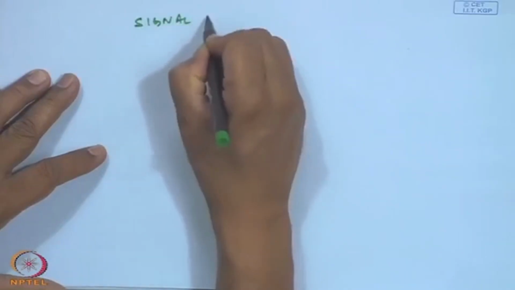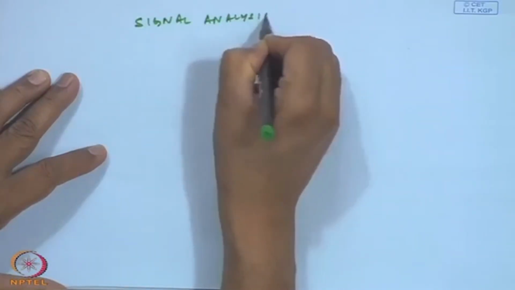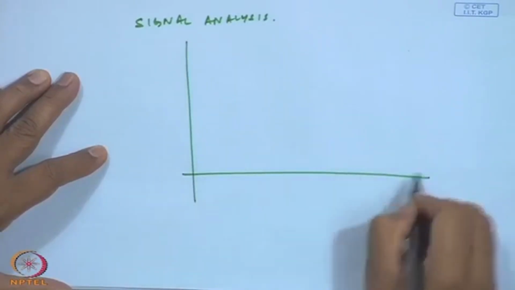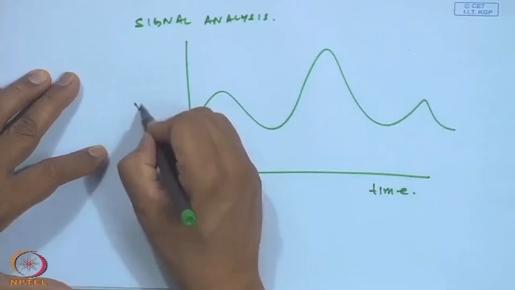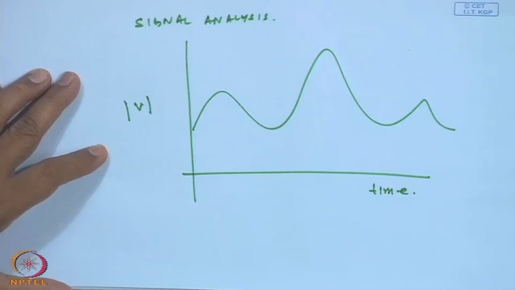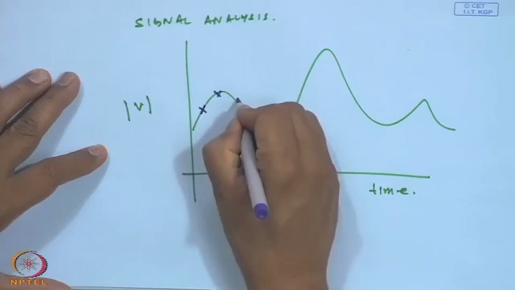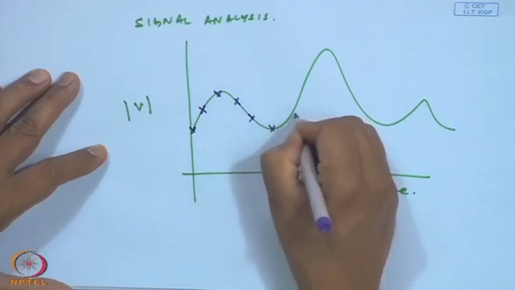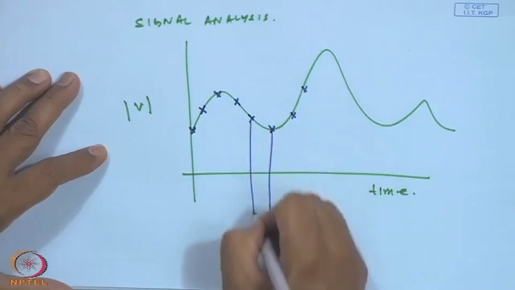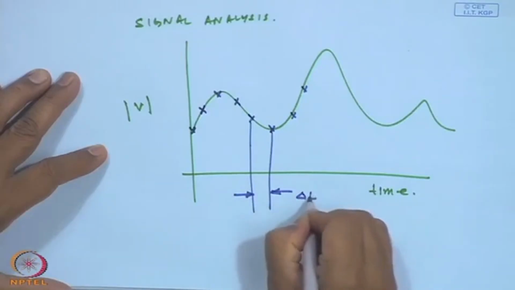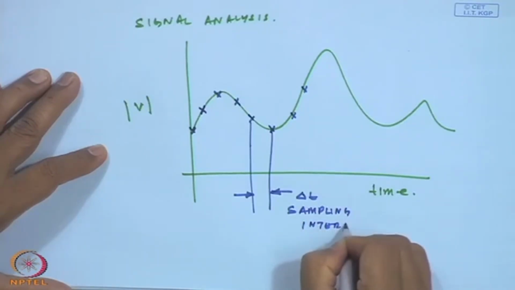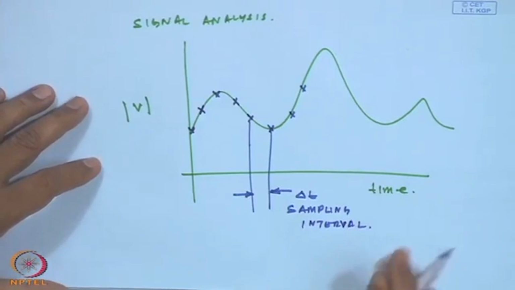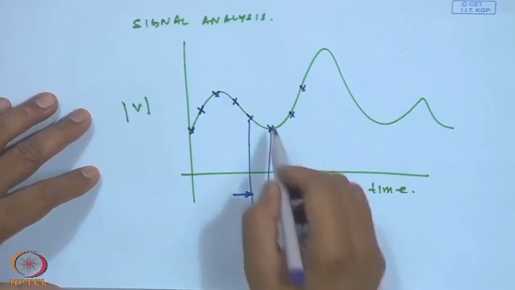If you recall, because I need to do signal analysis, if I have a signal like this, some signal, this has to be sampled at a fixed interval, the sampling interval.